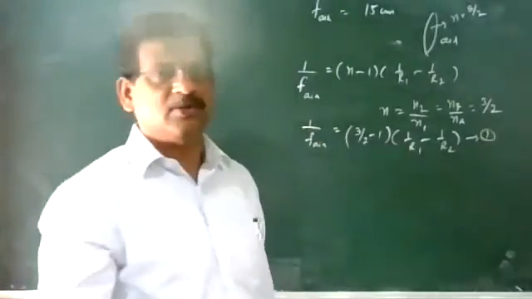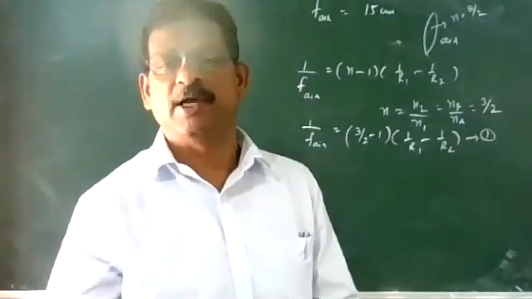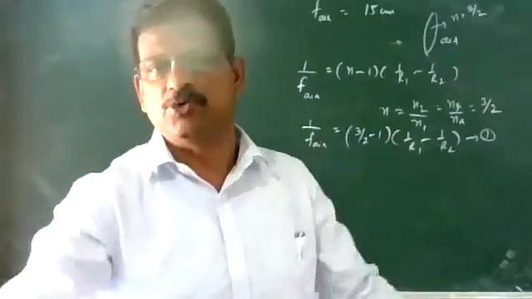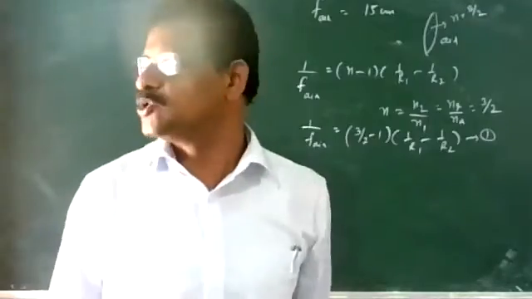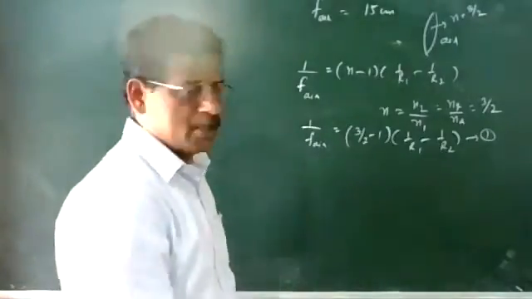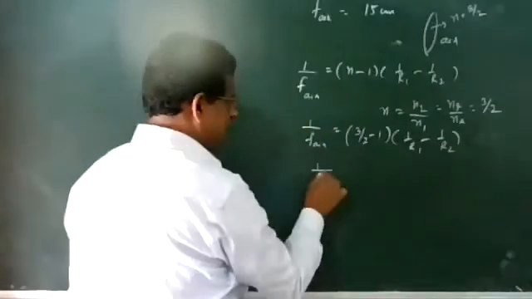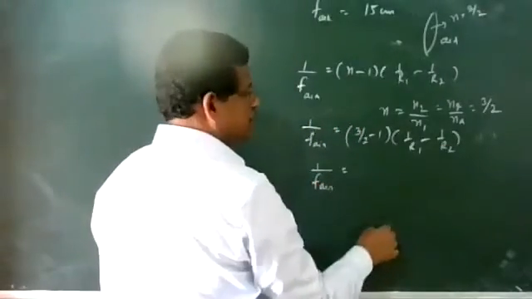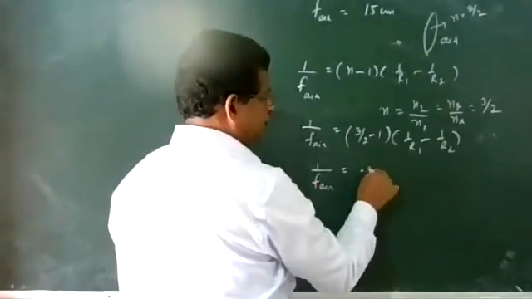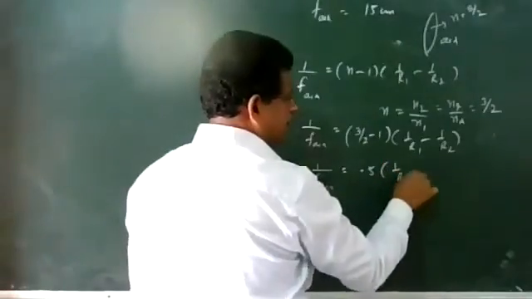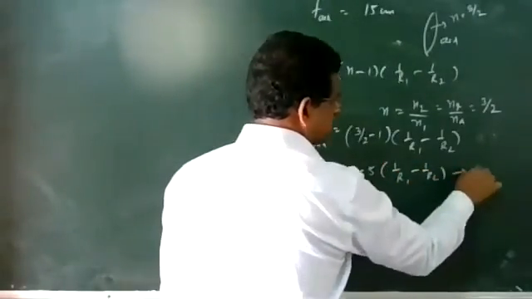R1 and R2 values are not going to change even if you place any medium, because the curvature is the same; only the refractive index will change. So 3 by 2 minus 1 is 0.5. 1/f in air equals 0.5 times (1/R1 - 1/R2).